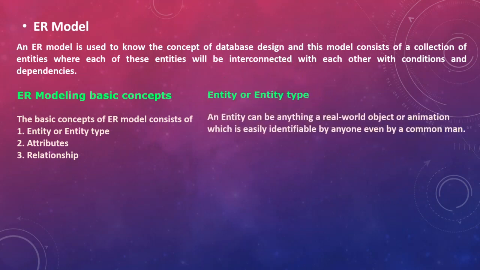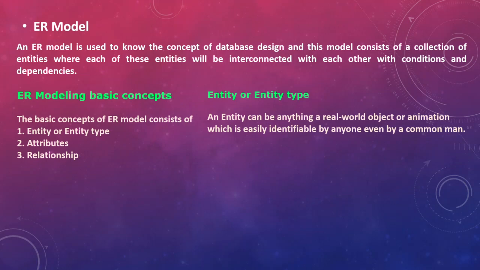First, let us see about entity or entity type. An entity can be anything, a real world object or animation which is easily identifiable by anyone, even by a common man. So, what is an entity?